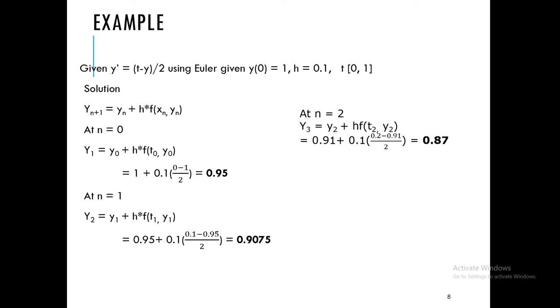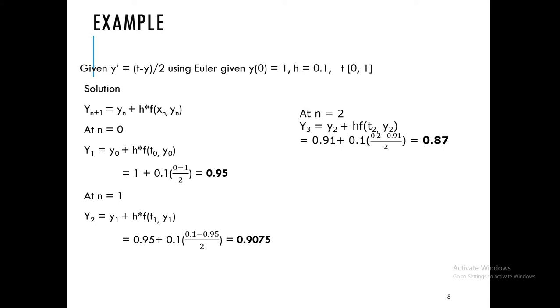So n equals 2. You are dealing with y3 is equal to y2 plus h f of t2, y2. But we know y2, put it here, plus your step size 0.1. Then your t has moved on again. So from 0.1 we move to 0.2. Are you following?